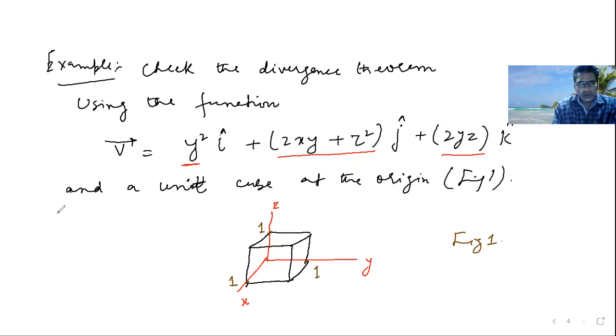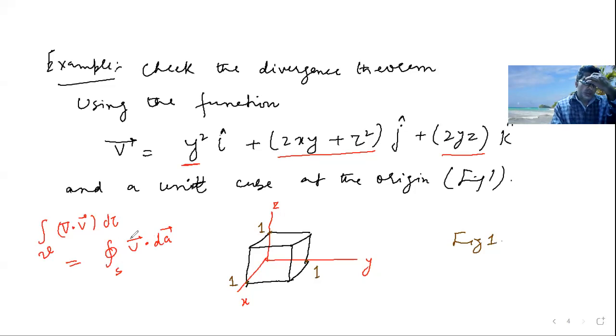My divergence theorem says the volume integral of the divergence of the vector field over the given volume nu is equal to the surface integral over the surface enclosing the volume nu.